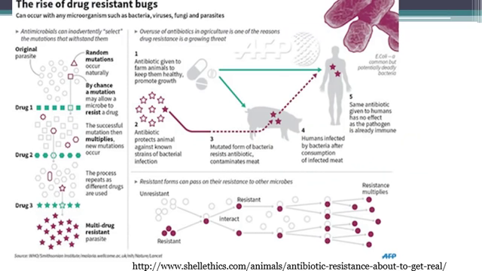This is a great diagram depicting the rise of resistant bugs, and you can follow this by yourself.